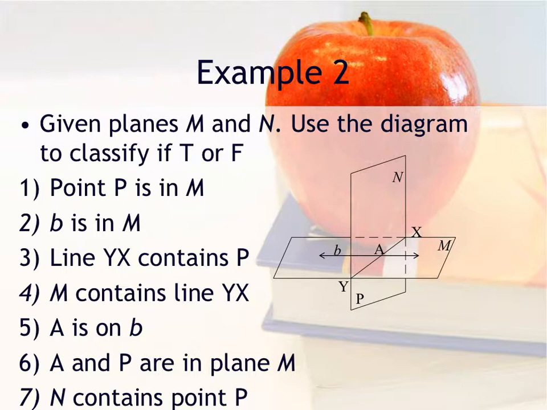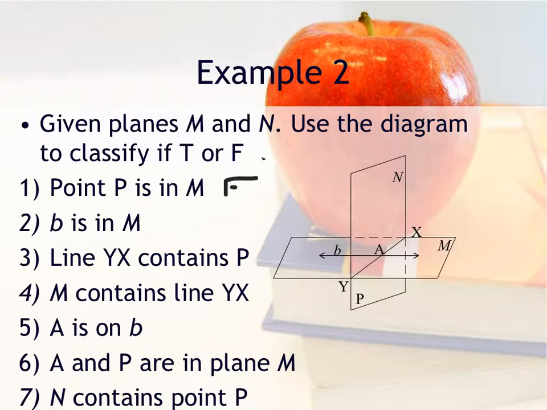So point P is in M. Is point P in plane M? M is the plane. We have to be careful here. Notice it sort of looks like it's cursive. True or false? False. Good. Which plane is it in? M. Good. N. Good. All right. Let's look at B. Is B in plane M?